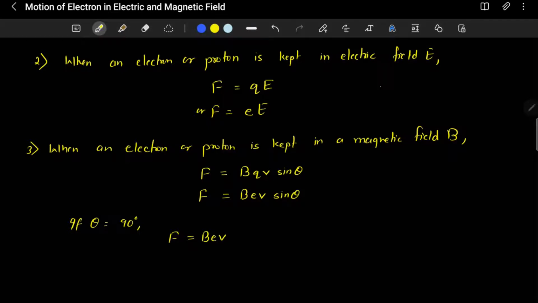This force is perpendicular to both the magnetic field and the velocity of the charged particle. Because of this, the charged particle will have a circular path. You can see in the figure, the cross denotes the region where the magnetic field is applied.